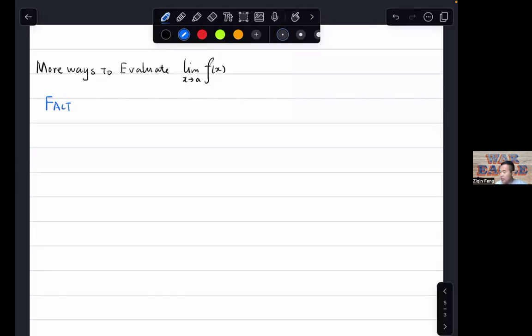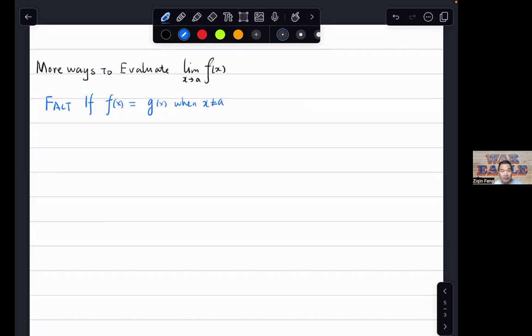So if you have two functions, f and g, they agree everywhere but at A, where f of A and g of A don't match anymore.